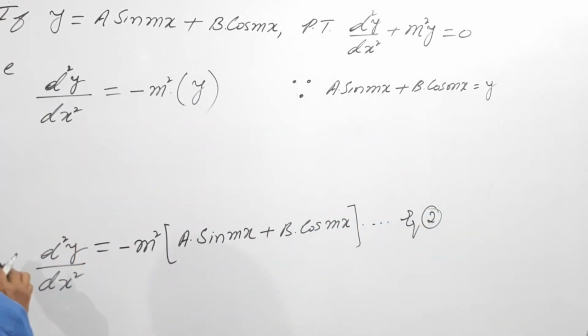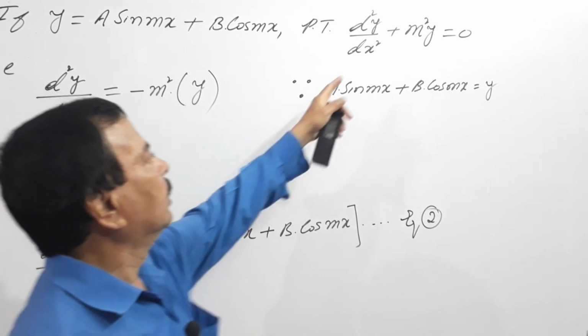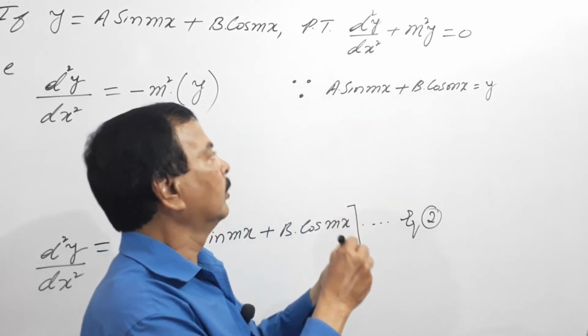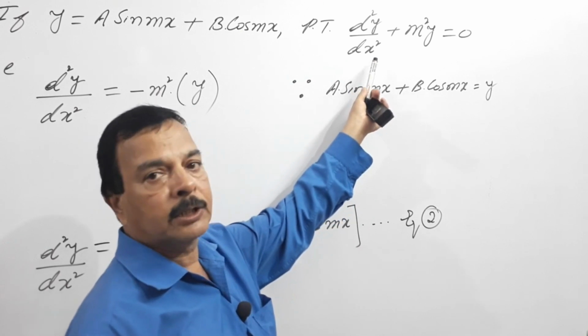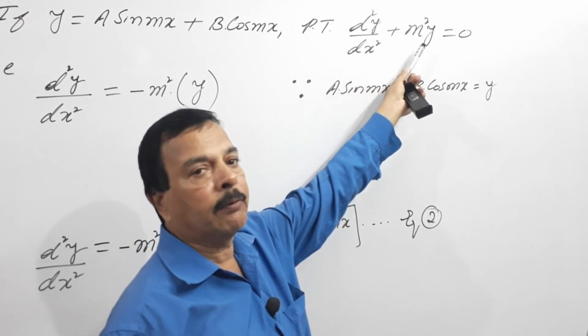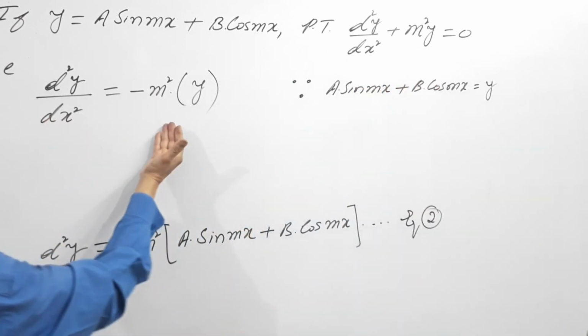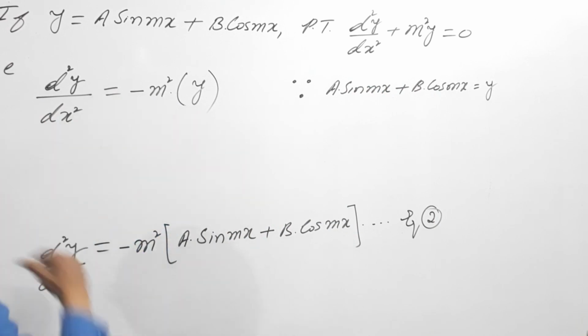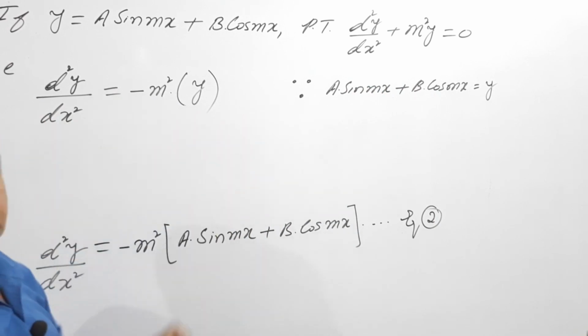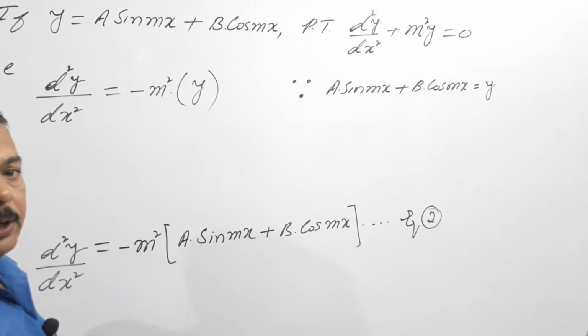So I rub this. So this means what? He wants d square y by dx square plus m square y equals 0. So we have m square y; if I bring it to the left hand side, we get plus m square y.